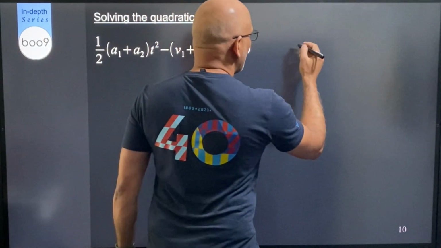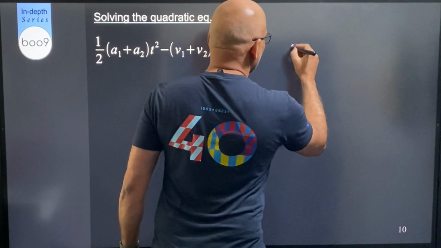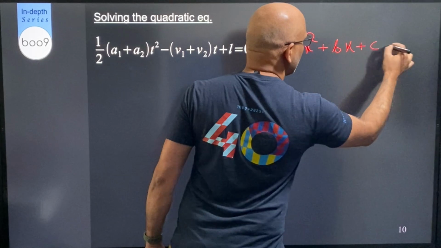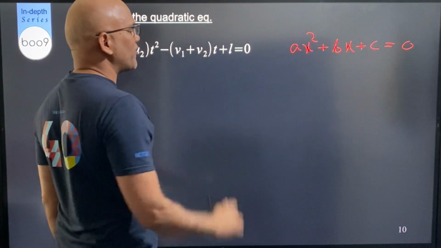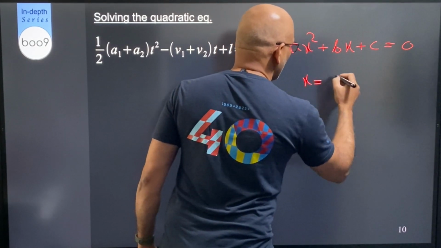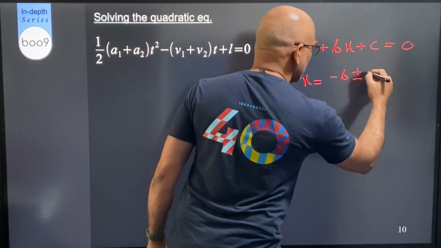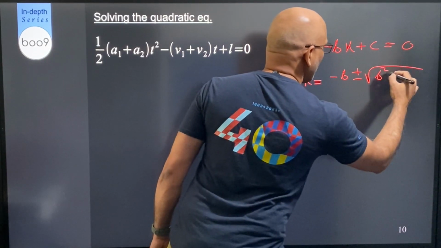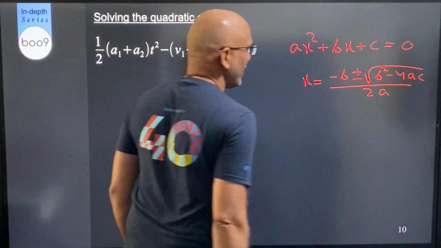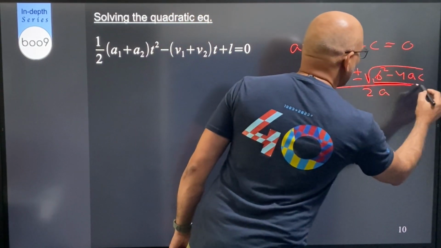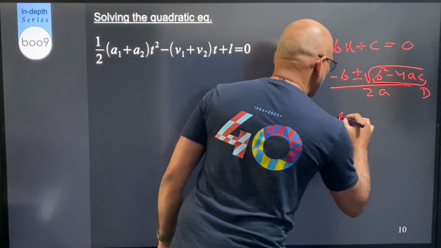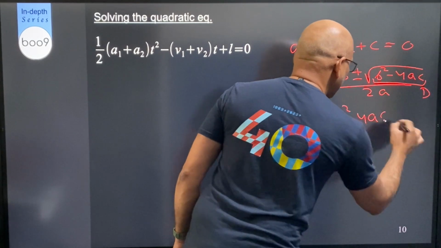let me remind you the general quadratic equation, that is ax square plus bx plus c is equal to 0. So this is the general quadratic equation, and the solution for this is given as x is equal to minus b plus minus square root of b square minus 4ac by 2a, and this value here is called the discriminant d. So the discriminant is basically b square minus 4ac.